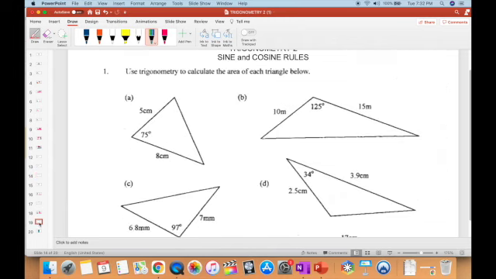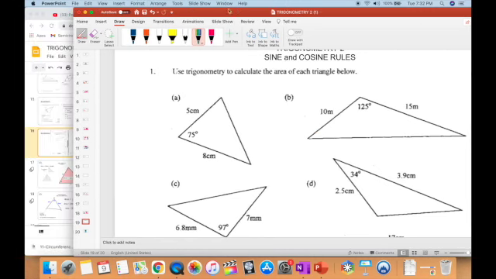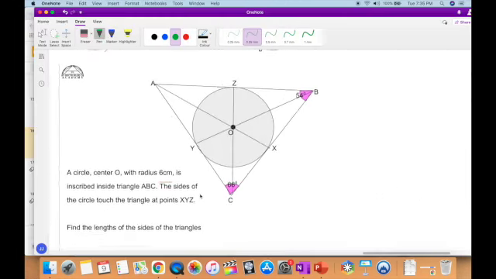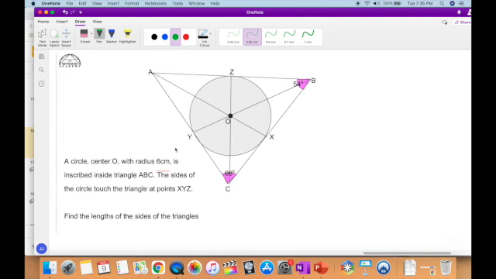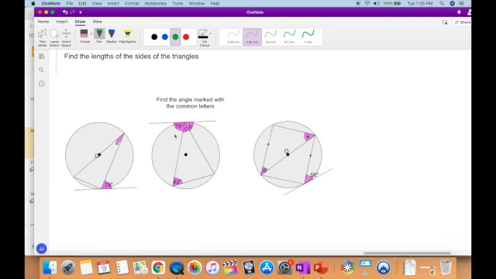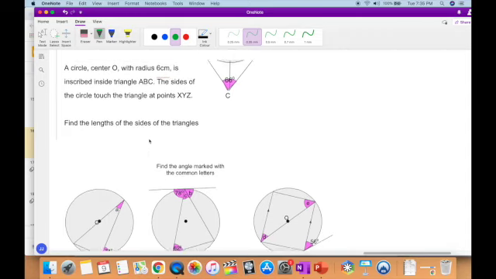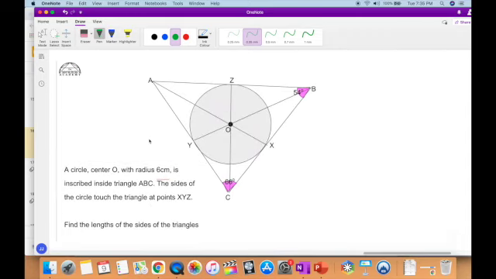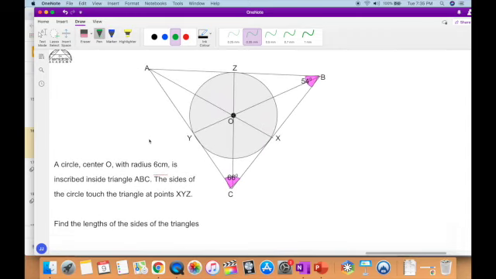You also have these 4 area questions to do. Here we'll do this one, and then we will do these 3 for the next class, just to finish off trigonometry. And I have a couple of little things I have to show you in trigonometry again, and I'll leave you with a little piece of homework with those little things.